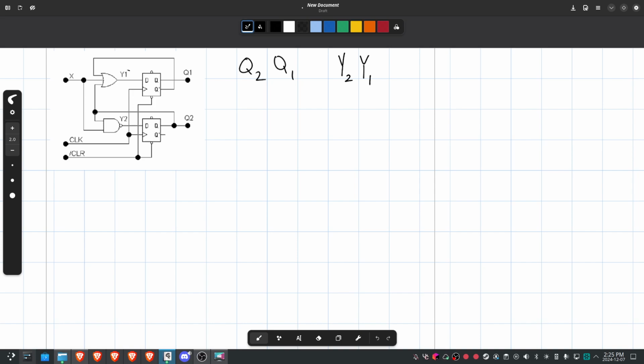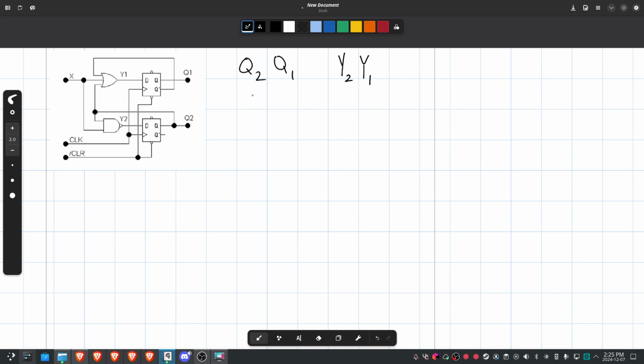So you'll notice that Y1 is before Q1. So if we can determine Y1, because this is a D flip-flop, once it is activated, Y1 will be copied into Q. So we can determine the next state of the machine. Let me show you.